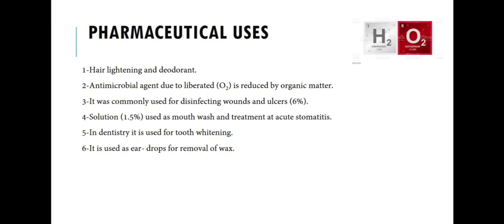It gives nascent oxygen, used for bleaching, and as an antiseptic and germicide, used for cleaning cuts and wounds, an effective antidote for phosphorus and cyanide poisoning, germicide and deodorant, used to bleach the hair, for removing surgical dressings, hair lightening and deodorant, and as a microbial agent as liberated oxygen is reduced by organic matter, commonly used for disinfecting wounds and ulcers, used as a mouthwash.